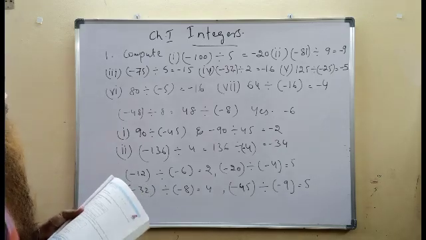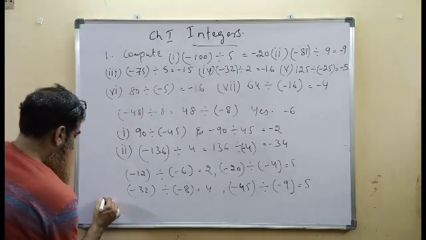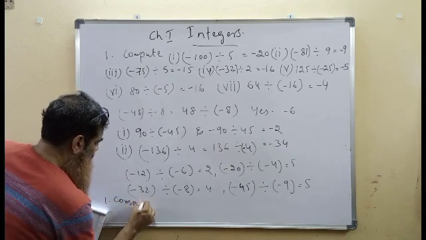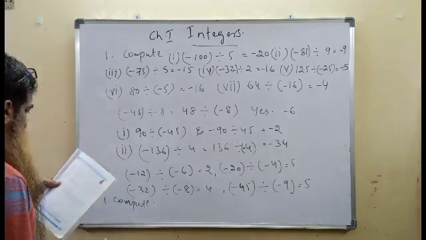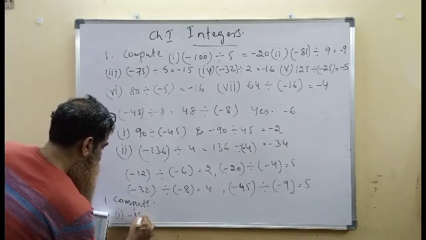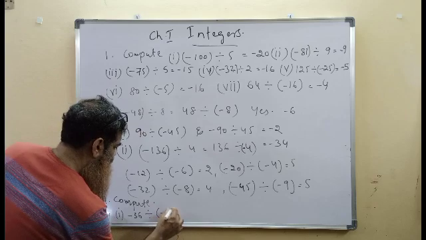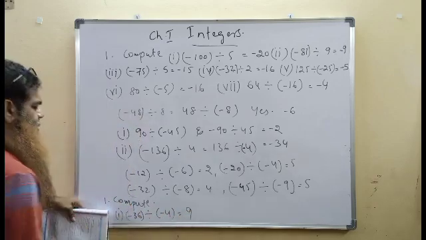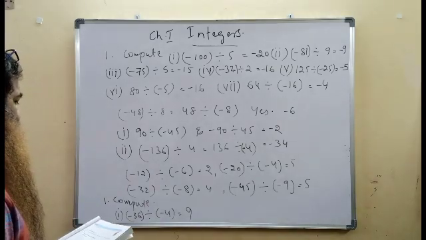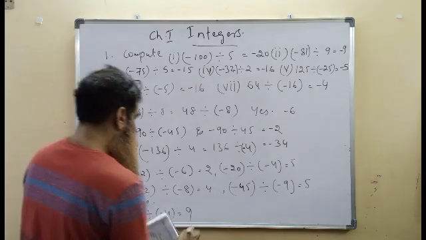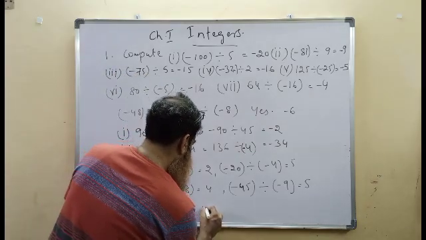Compute the following. The first one is minus 36 divided by minus 4. Four 9s are 36. Both places have negative integers, so two negative integers are involved, and the resultant will be a positive integer.